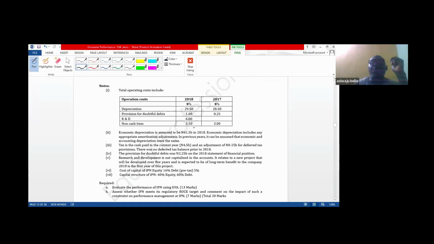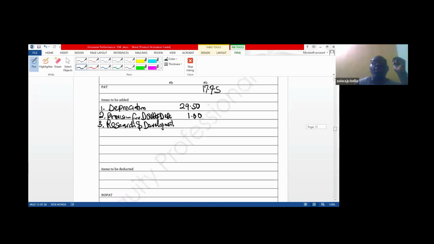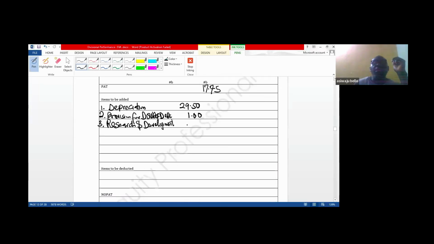Non-cash item, 3.5. I'll pick this, 6.00. Number 4. Non-cash item, 3.50.